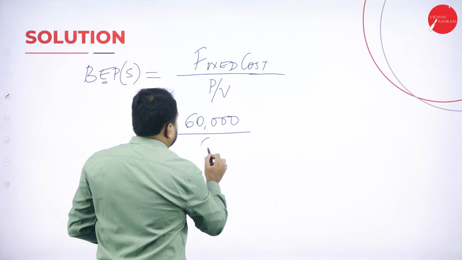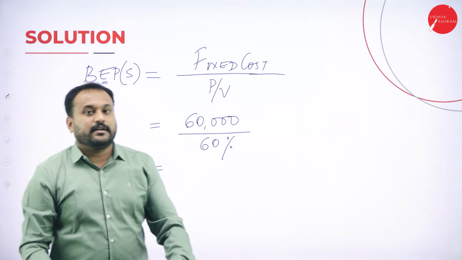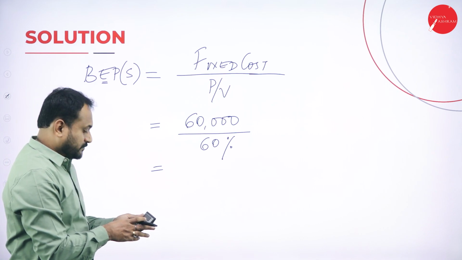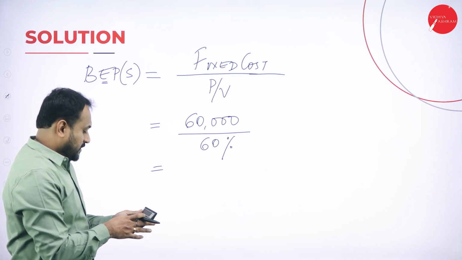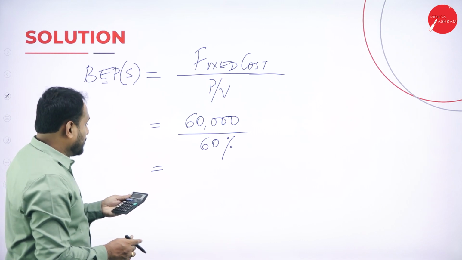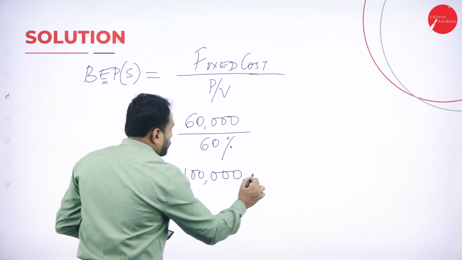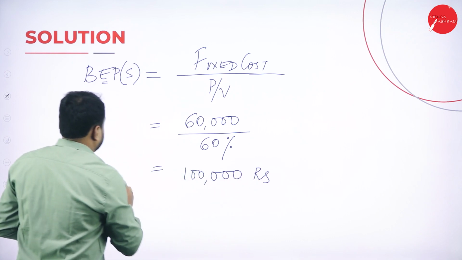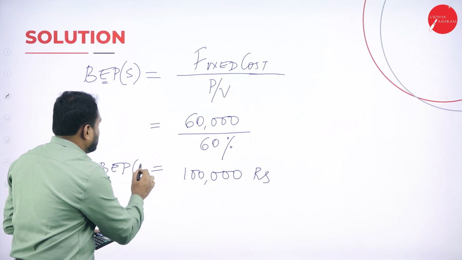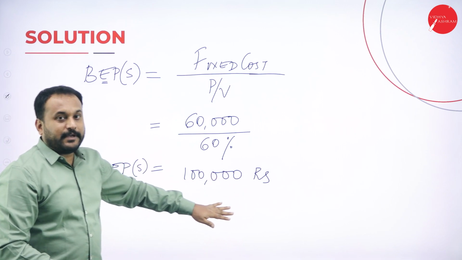So, 60,000 divided by 60%. So we got 1 lakh rupees. Here we'll write 1 lakh rupees. Without writing the rupees, your answer is not correct. So BEP sales is how much? 1 lakh rupees. So we are done with the BEP as well.